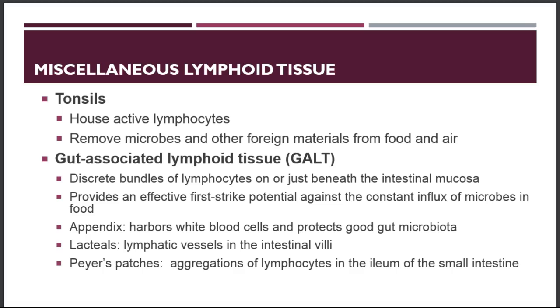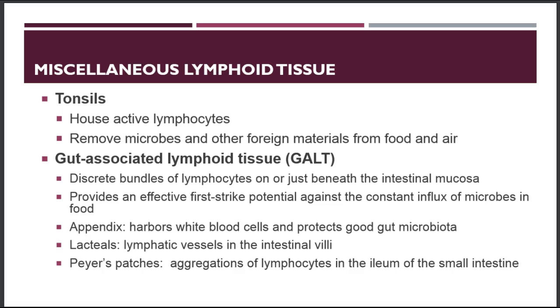The final tissue is gut-associated lymphoid tissue, also called GALT. These are small bundles of lymphocytes on or beneath the intestinal mucosa, and they provide this sort of first strike against the influx of microbes that travel through the digestive system.